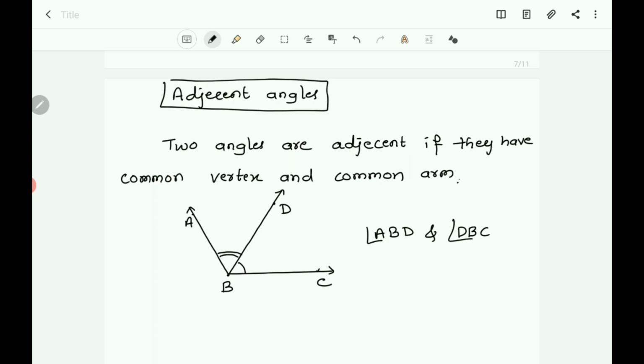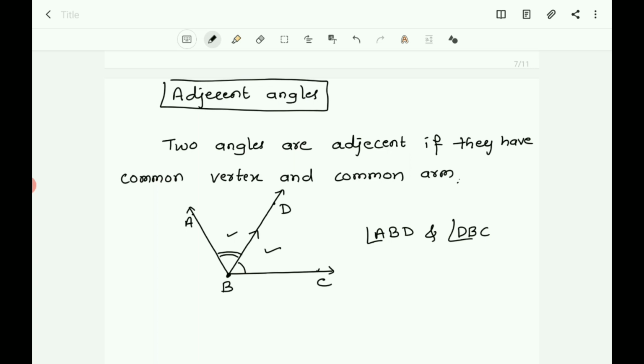Both the angles ABD and DBC have the common vertex B and a common ray BD, common vertex and common arm. So they are adjacent angles.